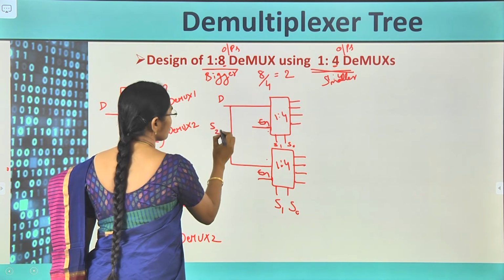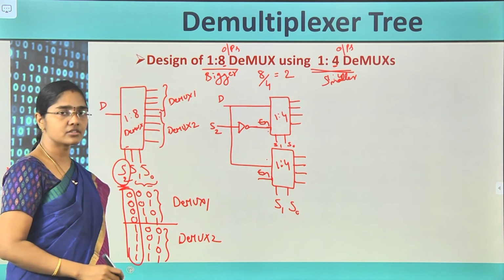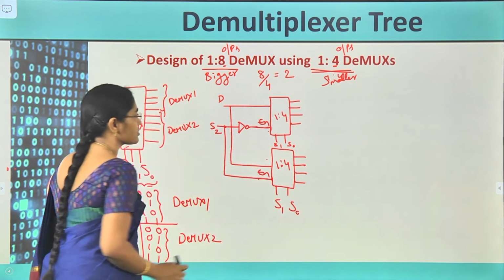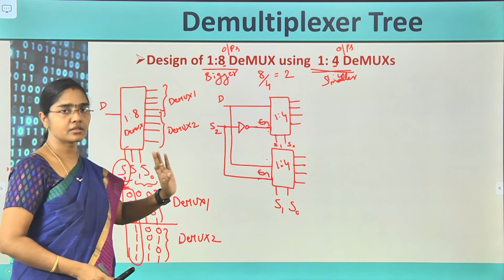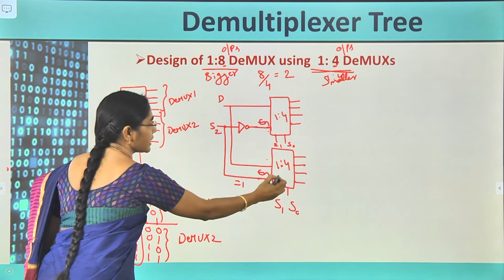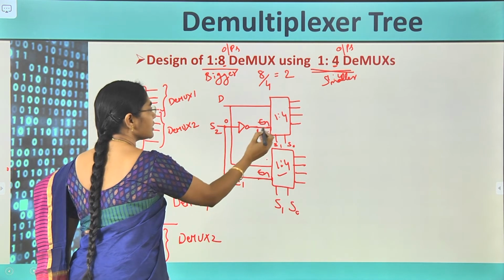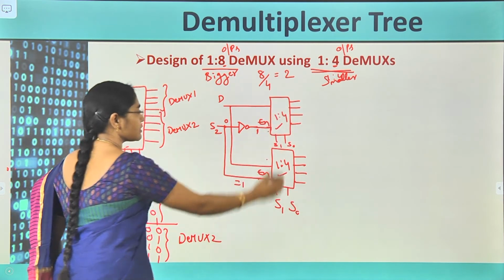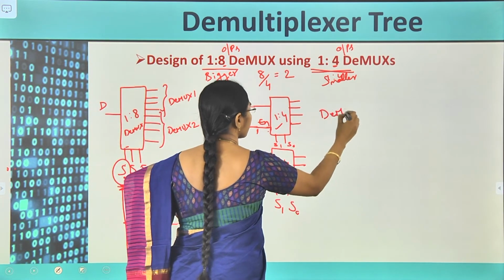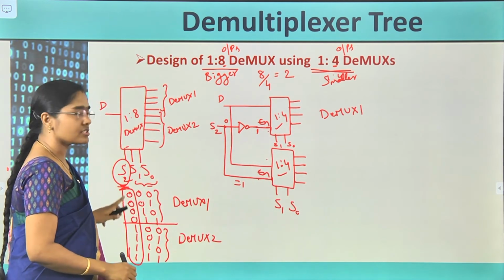So use S2 with one inverter and connect it as the enable signal to the first demultiplexer, and connect S2 as it is to the enable pin of the second demultiplexer, so that when S2 is equal to 1, the second demultiplexer will be selected. When S2 is equal to 0, through the inverter the enable is connected, so demultiplexer 1 will be enabled, which covers the first 4 combinations of the truth table.